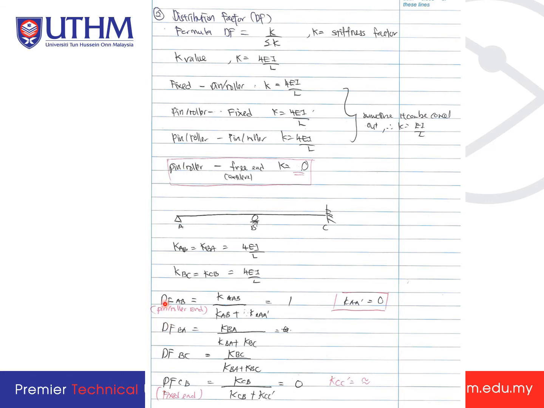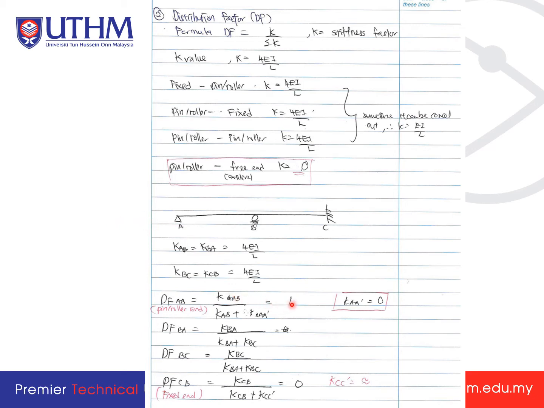The DF here, at this pin or roller end at point A, is total KAB over KAB plus KAA. Here you have only KAB, and you don't have anything at the left.